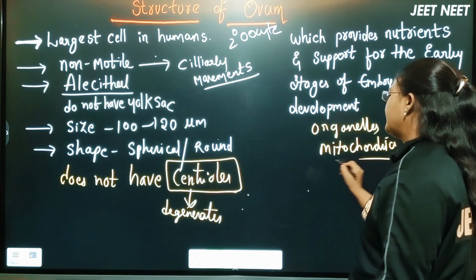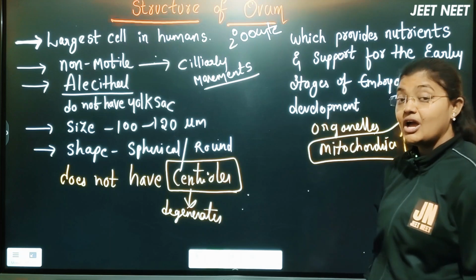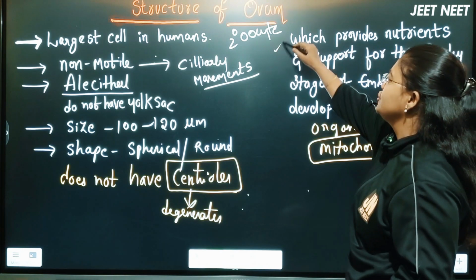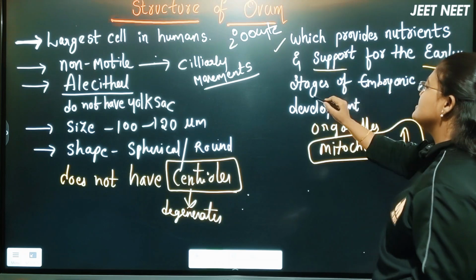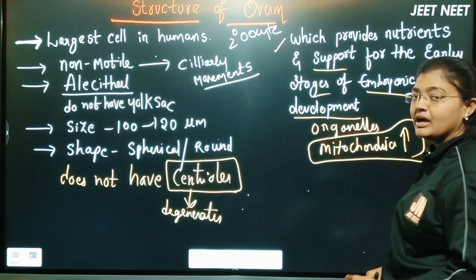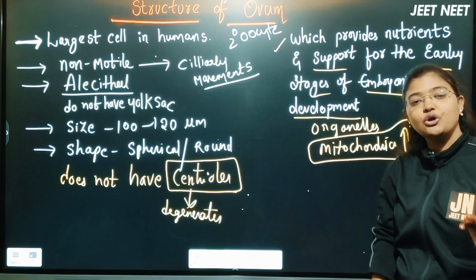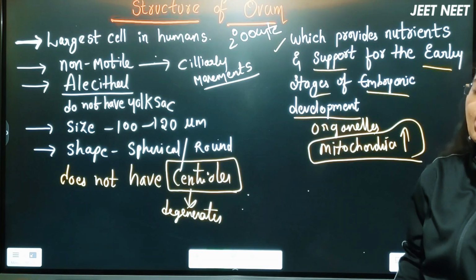The number of mitochondria increases here, and they provide nutrients and support for the early stages of embryonic development. As it needs to accommodate space for the remaining things, the centriole has degenerated in the ovum.